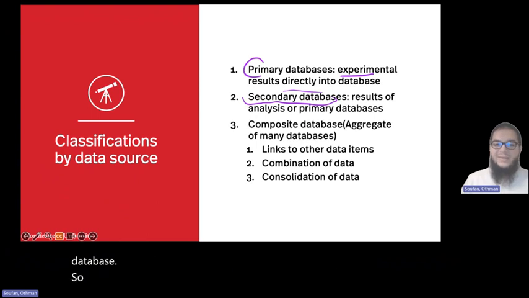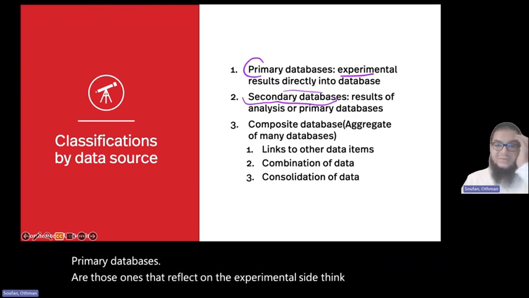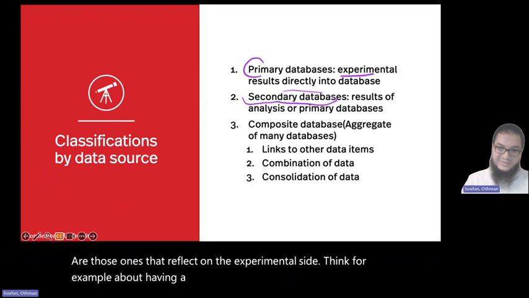So primary databases are those that reflect the experimental side. Think, for example, about a high throughput screening assay.